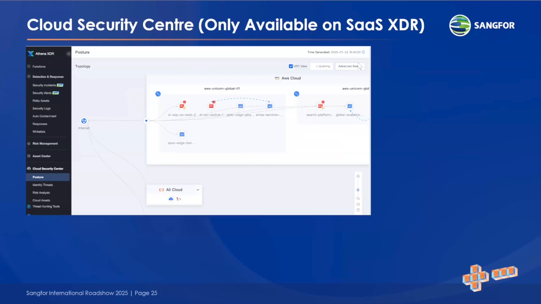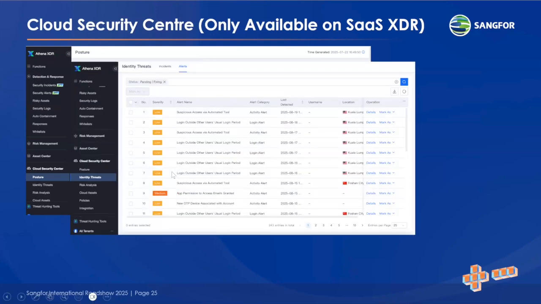We will form the cloud assets topology, which means they have different containers, different work nodes. So we just form the topology to let you know how many cloud assets you have, and then we will tell you what threats we can identify. Like there are alerts like suspicious access via automated tool. So we have a different database to cover the cloud threats.